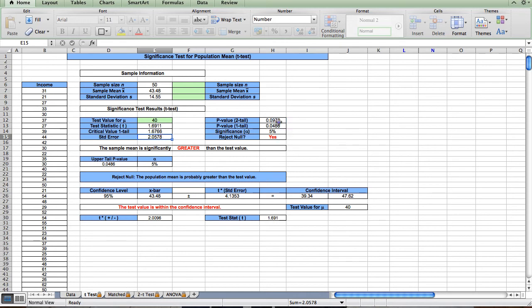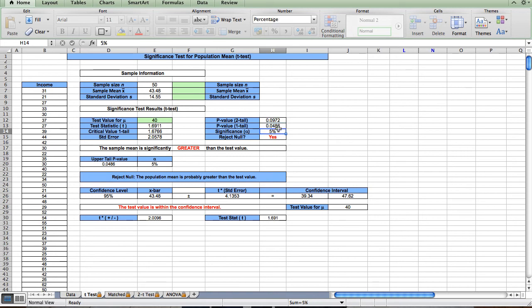The probability of that happening by luck is 0.0486.